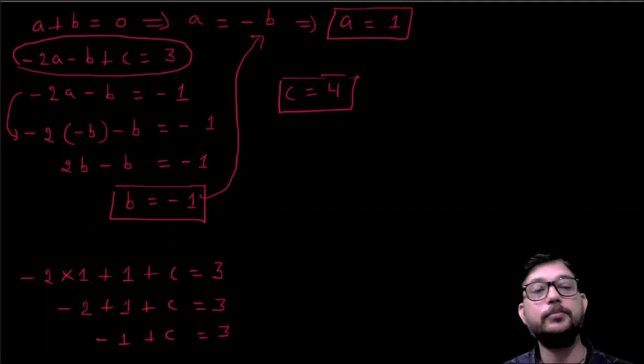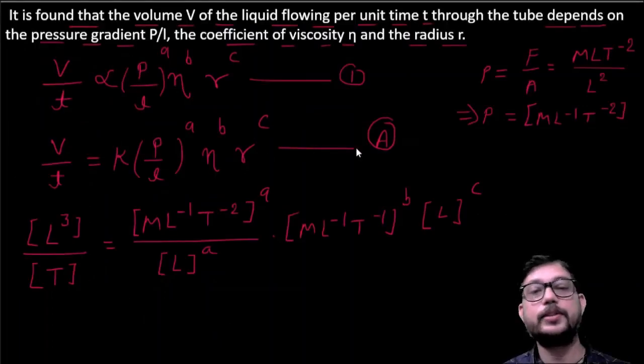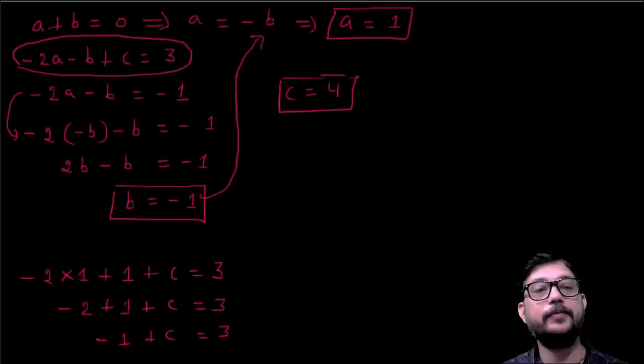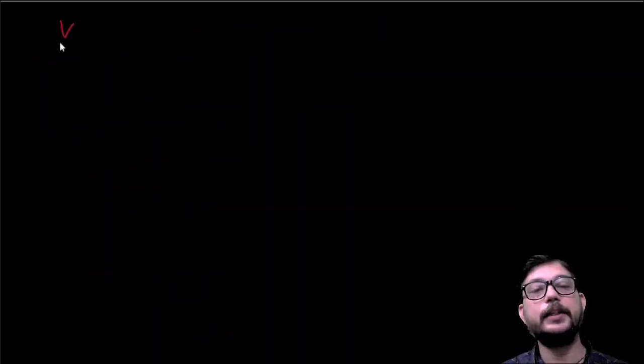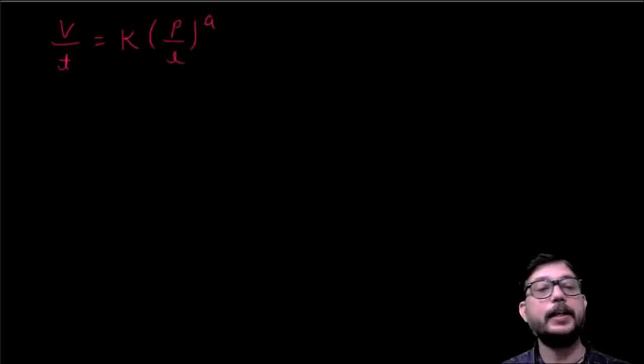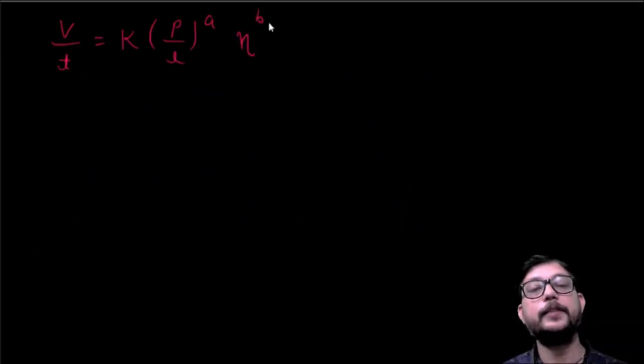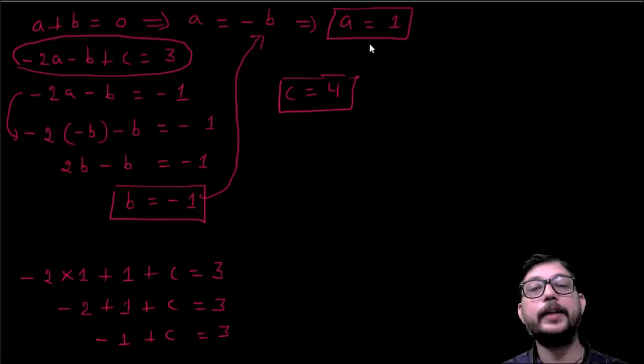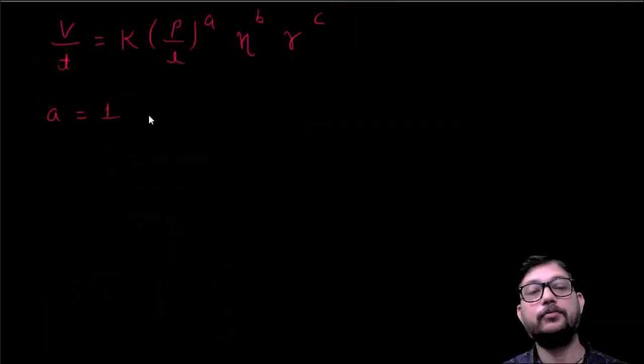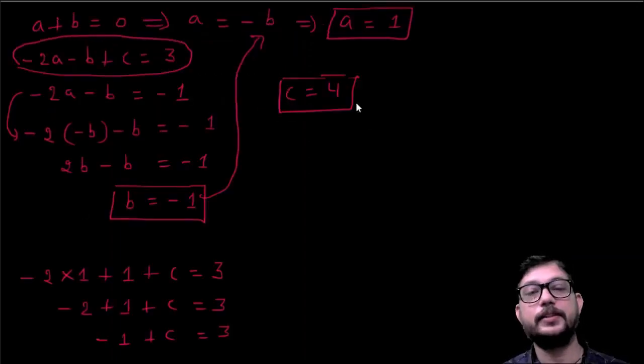So from the equation, put the values of a, b and c. We have the result as v upon t equal to k times p over l to the power a, eta to the power b, r to the power c, and we have calculated a is 1, b equals minus 1, and c equals 4.